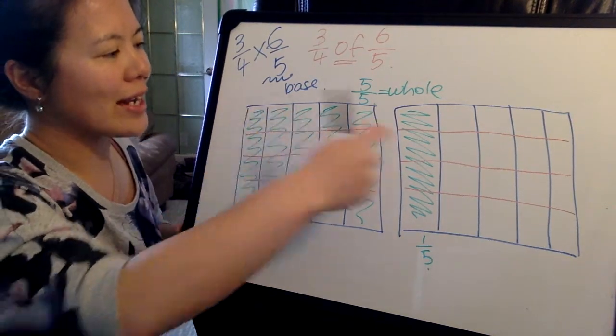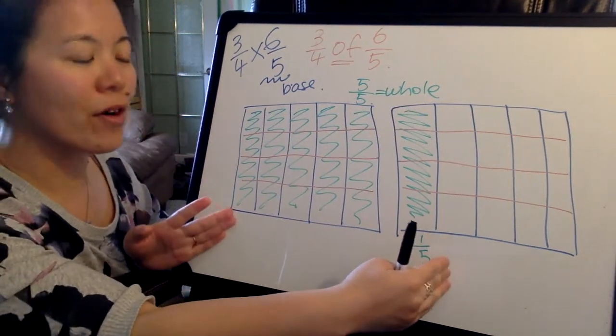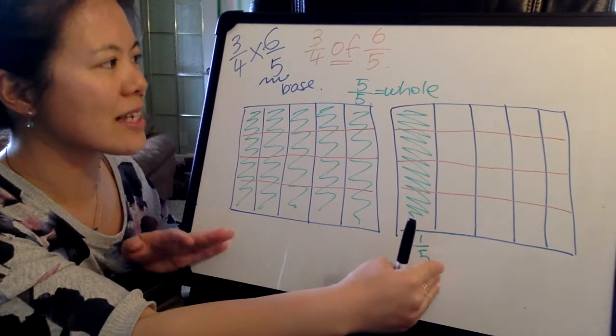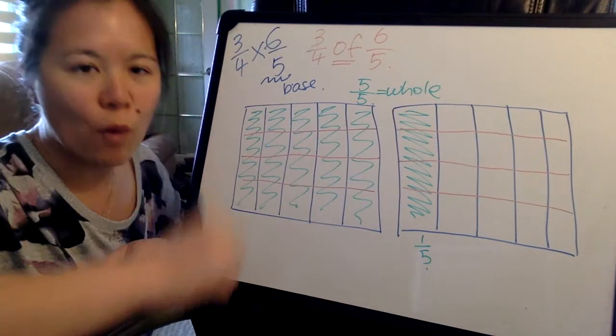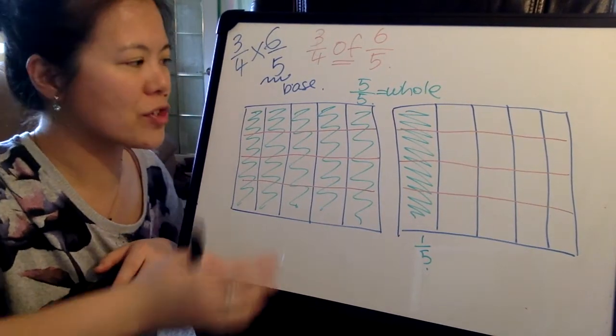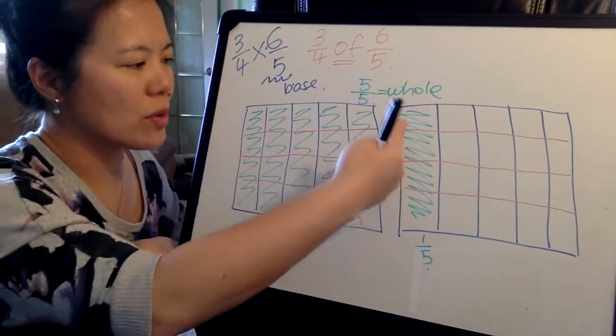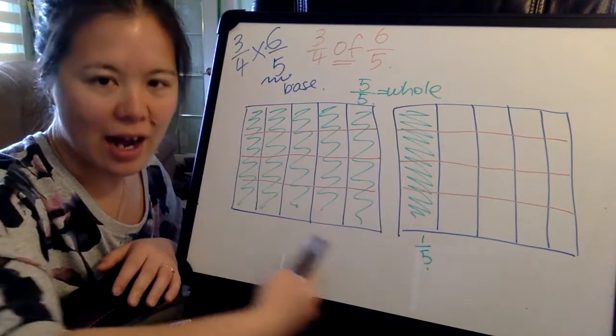I divided the parts that are colored in green, that's the 6/5 part, into 4 equal parts: 1, 2, 3, and 4.